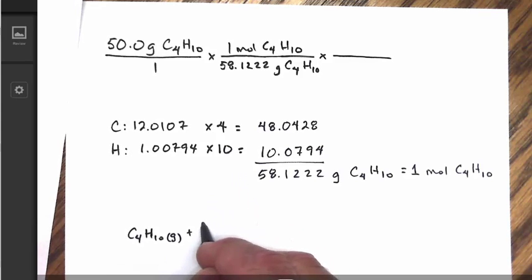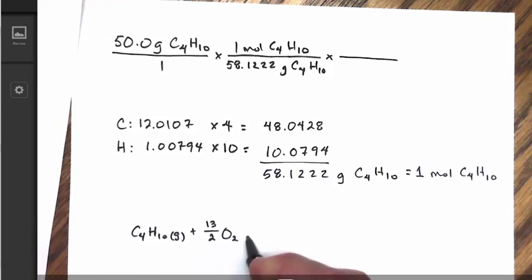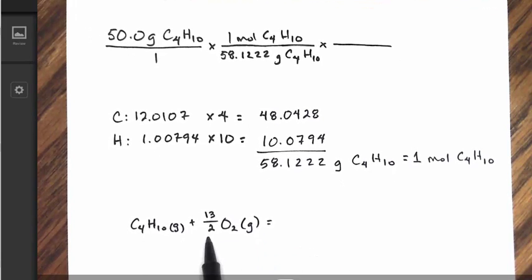Then we have 13/2 oxygen. Combustion equations are the only equations where you're allowed to use fractional coefficients, because we always want the coefficient in front of the fuel. Butane is our hydrocarbon fuel. We always want the coefficient in front of the fuel to be 1.